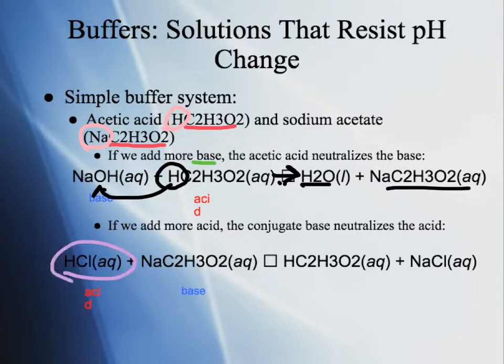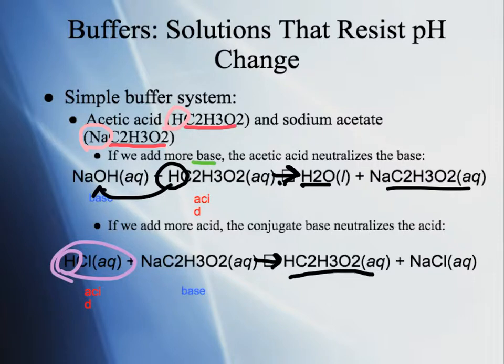Okay, so if we add HCl to the solution, we've got a bunch of sodium acetate base. This base is going to take away this H, as bases do, to make, in this case, a weaker acid. Okay, it's still an acid, yes. You're like, well, how does that neutralize it?